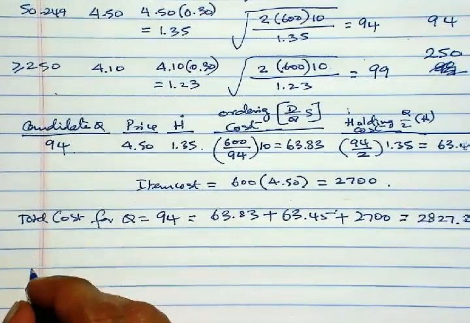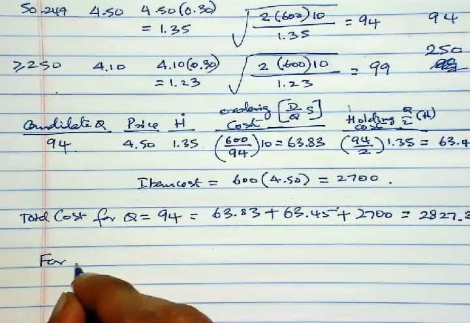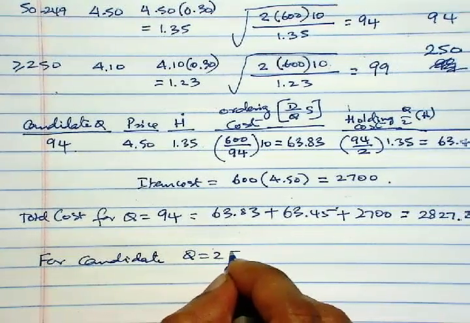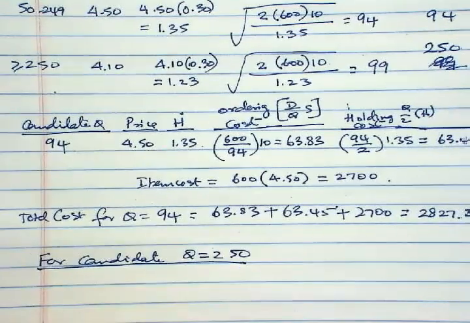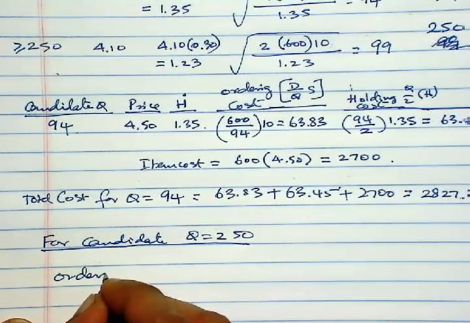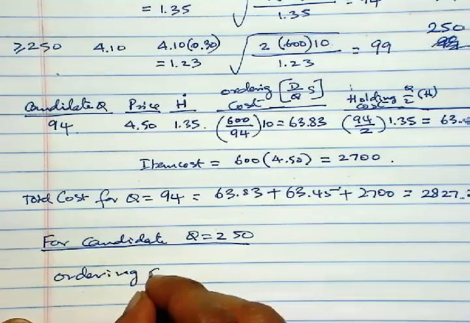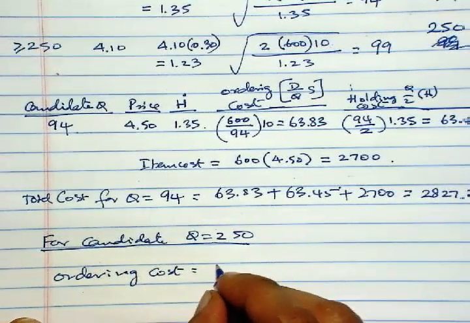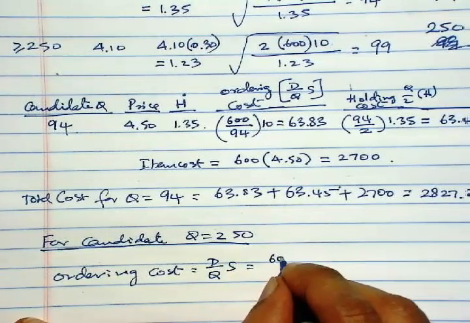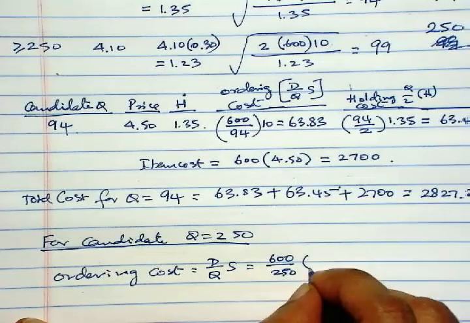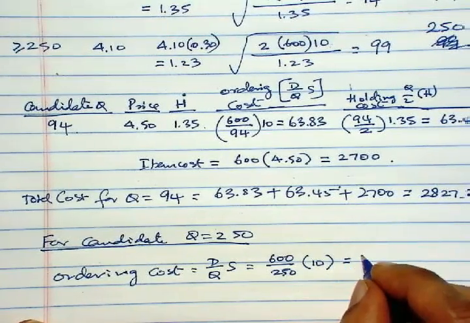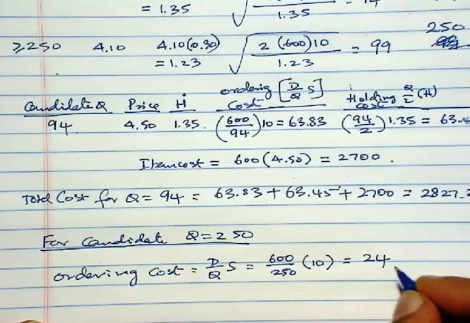Now we have to do this computation for the second candidate. So for candidate Q equal to 250, ordering cost is, remember, D over Q times S. So that will be 600 divided by 250 times 10. So that will be equal to $24.